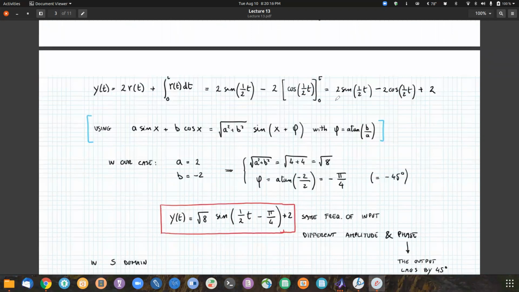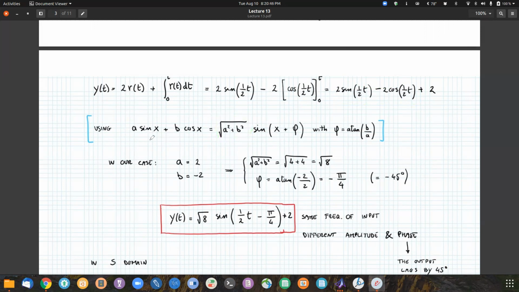Now we can rewrite 2 sine of 1/2 t minus 2 cosine of 1/2 t, since the two harmonic functions have the same frequency, that is 1/2. We can use this trigonometric property. So if you have a sine of x plus b cosine of x, you can rewrite this as a sinusoidal whose amplitude is equal to the square root of a squared plus b squared.